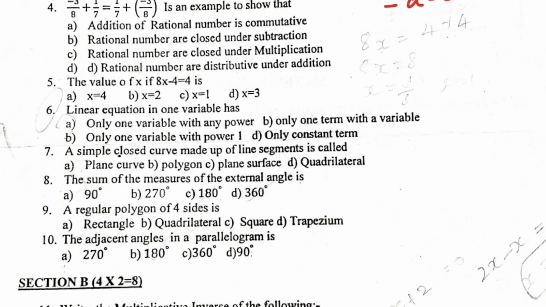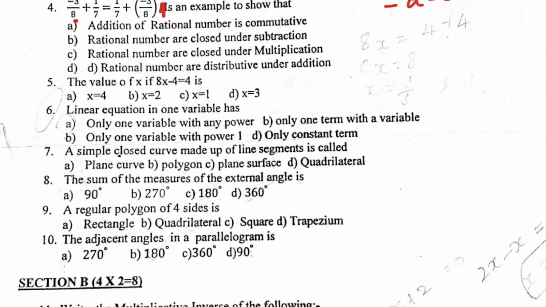So here the equation shows two numbers being added on the left hand side. If you see, the same two numbers are added in reverse order on the right hand side. Minus 3 by 8 is here and 1 by 7 is here.